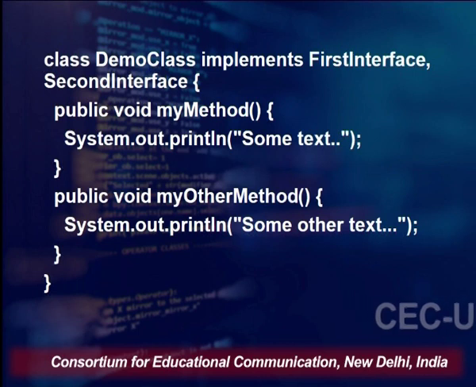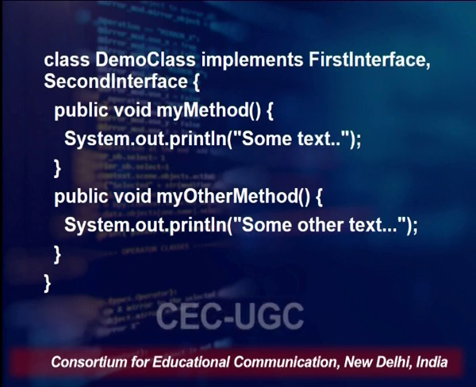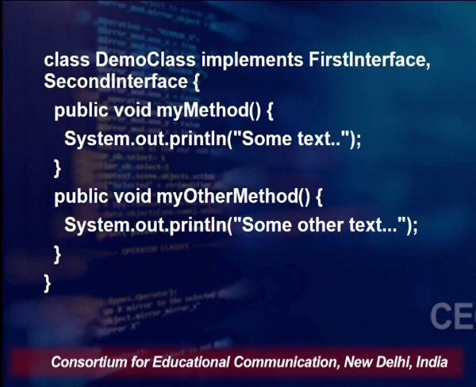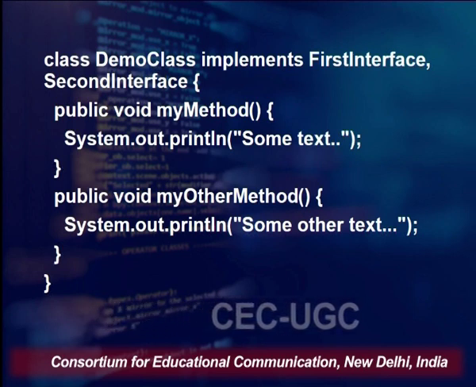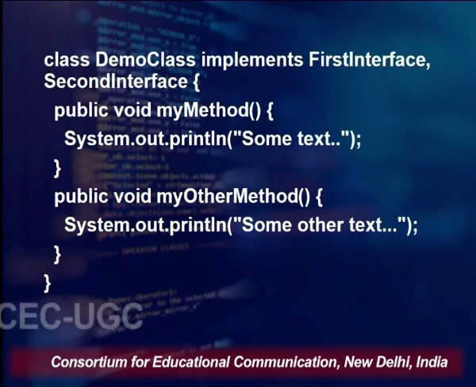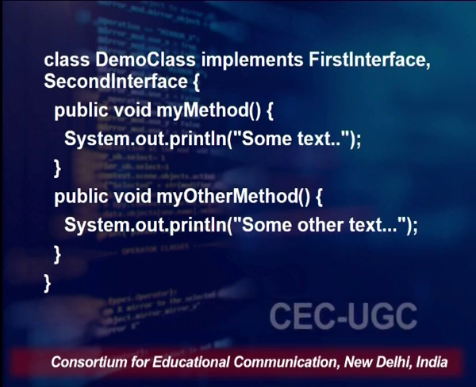So, here we have two interfaces, one is the first interface, another one is the second interface, and now we have one particular class which is named demo class, and that demo class is implementing these two interfaces. Now, please remember that it is possible for a class to implement two interfaces, but it is not possible for a class to extend two classes, and this extension of more than one class by a subclass is what is called multiple inheritance.